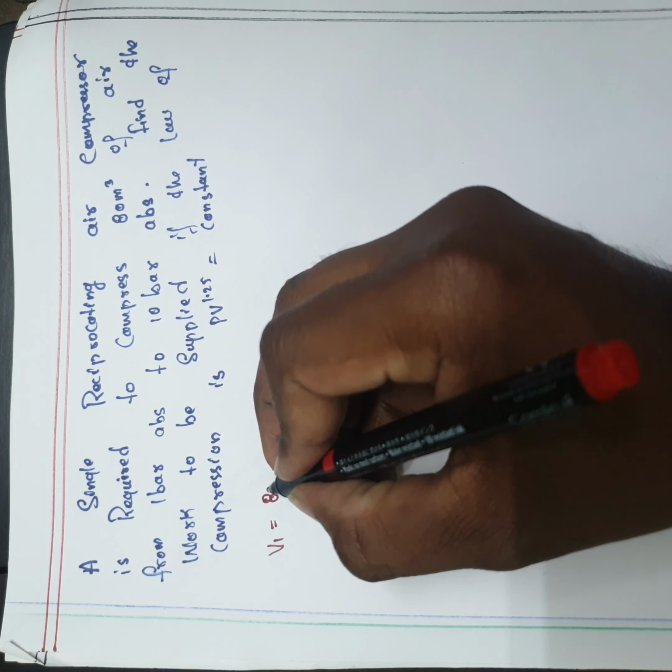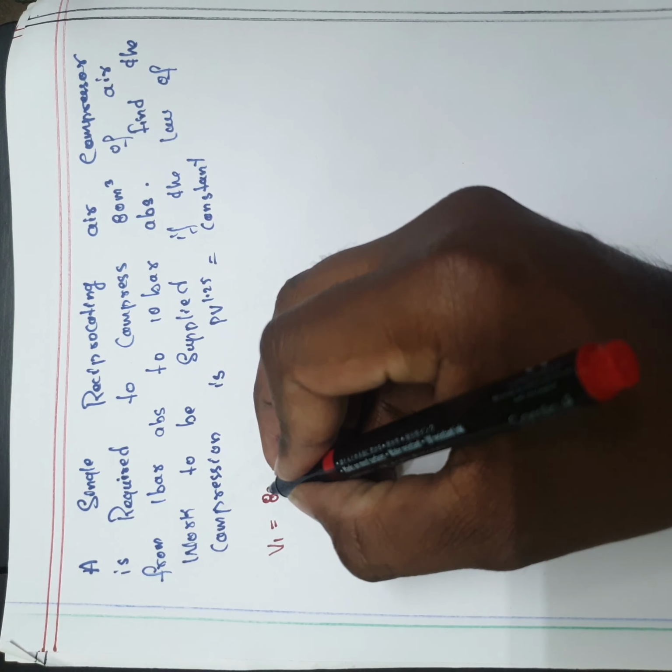Next, you have to find out the value of P2. P2, how much is it given? 10 bar is given. So, what you have to do? 10 write down as it is. In place of bar, 10 to the power of 5 Newton per meter square. This can be written as 10 square into 10 cube Newton per meter square.